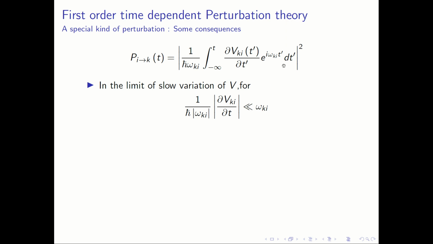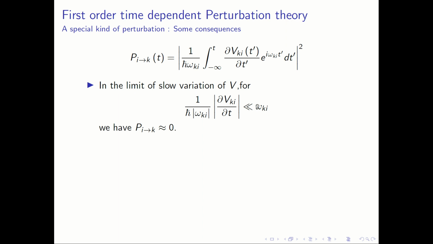Then this integral will be very close to 0. This is what you mean by slow variation. The rate at which the matrix elements of V vary must be much smaller compared to this quantity, the energy, which essentially is the energy difference between the two levels that you're talking about.